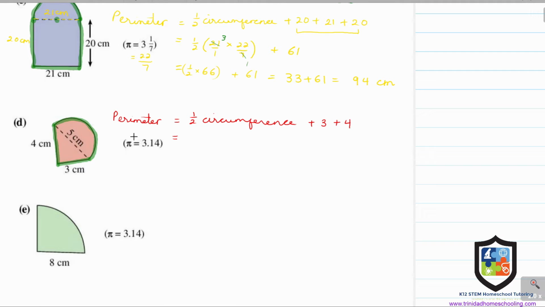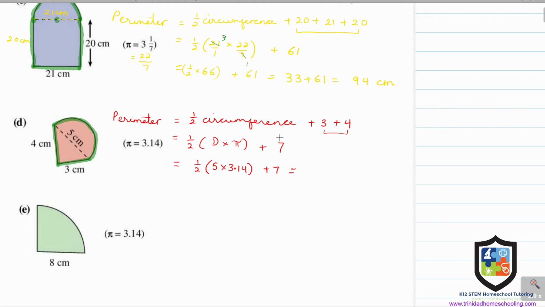And they want us to use 3.14 as a value for pi. So let's go. A half of the diameter times pi plus this 3 plus 4. I'm going to replace it with 7. So a half of diameter is 5 multiplied by 3.14 plus 7.